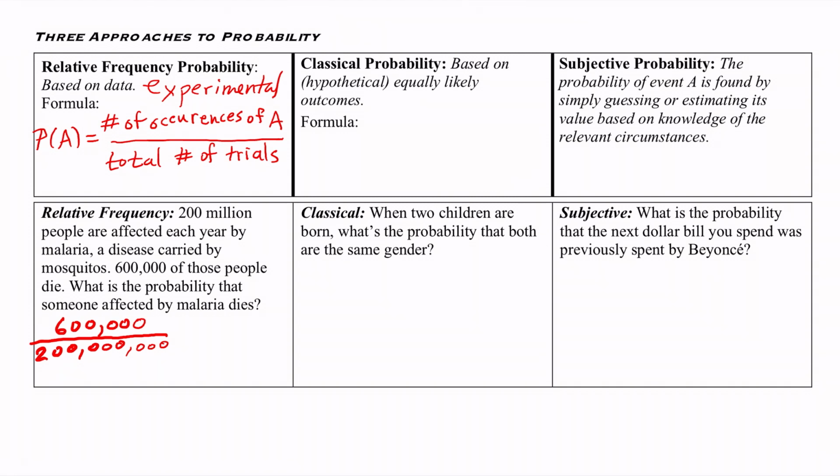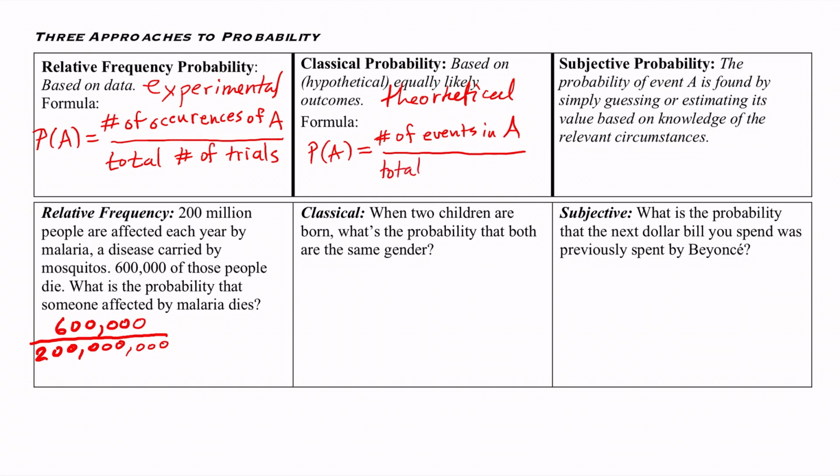When we have a collection of equally likely outcomes, the classical, or sometimes we would call it theoretical, probability of an event A is the number of outcomes in event A divided by, looking at its sample space, the number of simple events in A divided by the total number of events in the whole sample space.